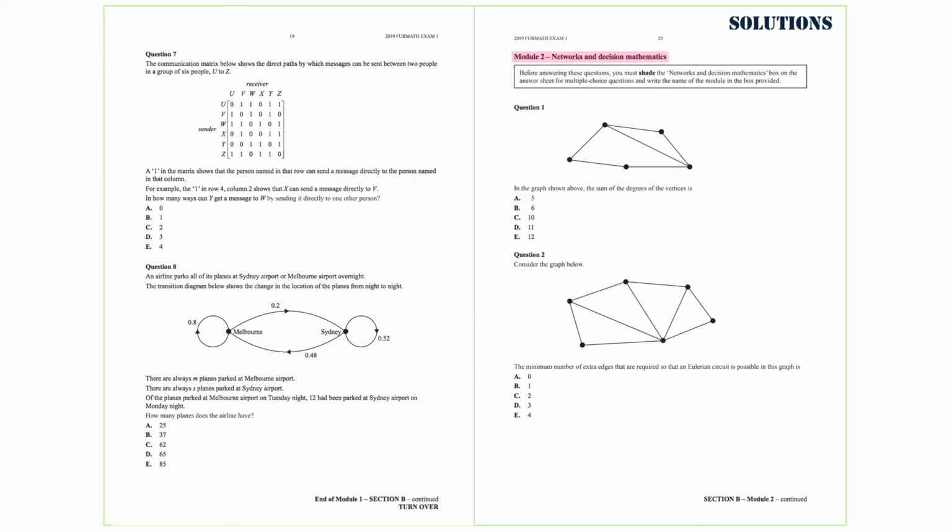In question 1, we are asked to calculate the sum of the degrees of the vertices in the graph shown above. The degree of a vertex is given by the number of edges connected to it. This vertex, for example, has degree 3 because there are 3 edges connected to it.